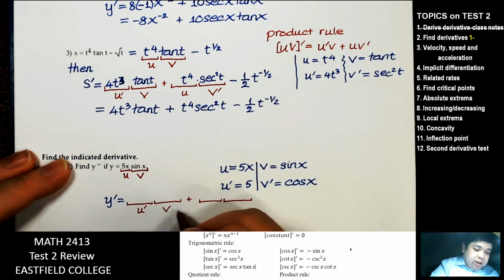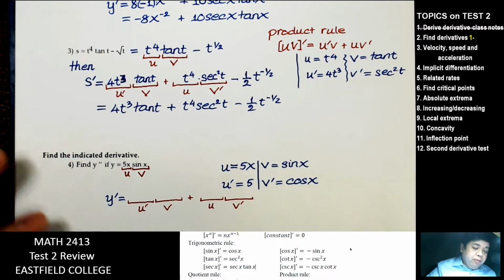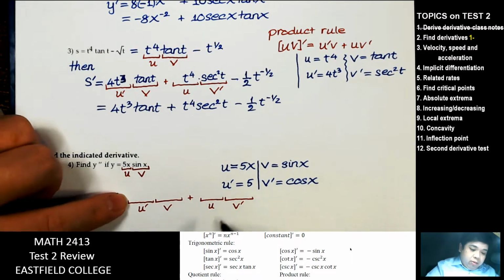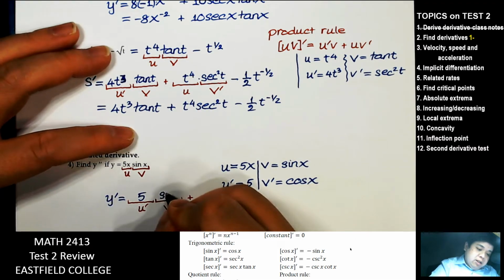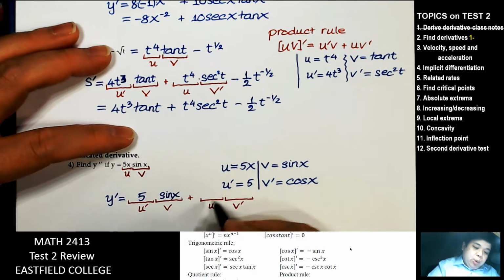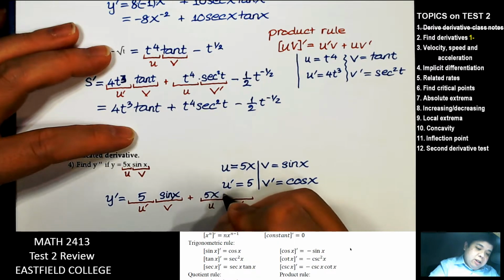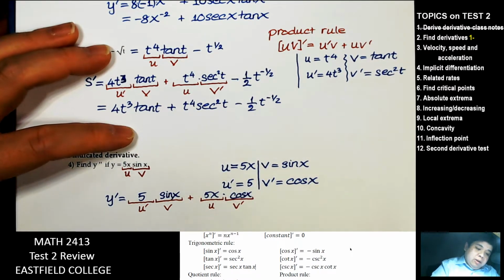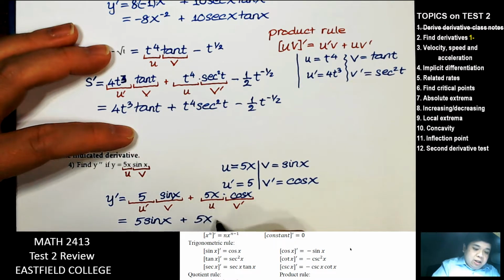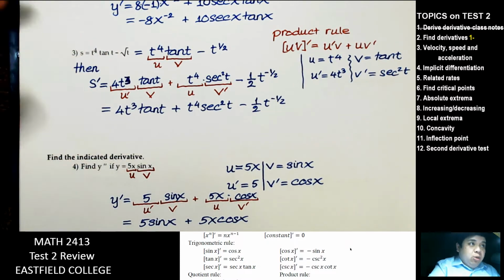U prime v plus u v prime. U prime is 5, v is sine x, u is 5x, v prime is cosine x. So we're going to have 5 sine x and then 5x cosine x. Right. So that is the derivative.